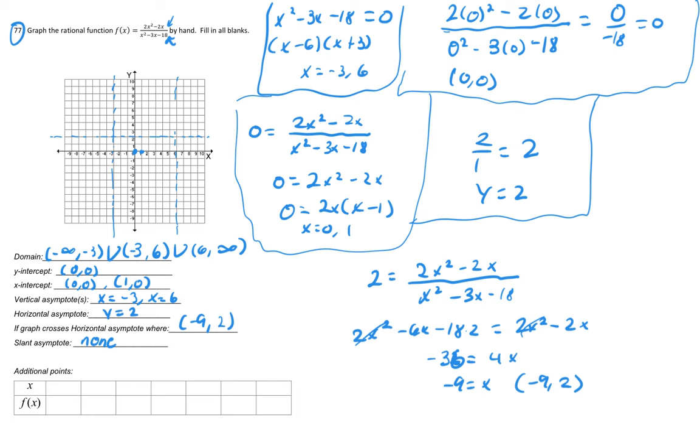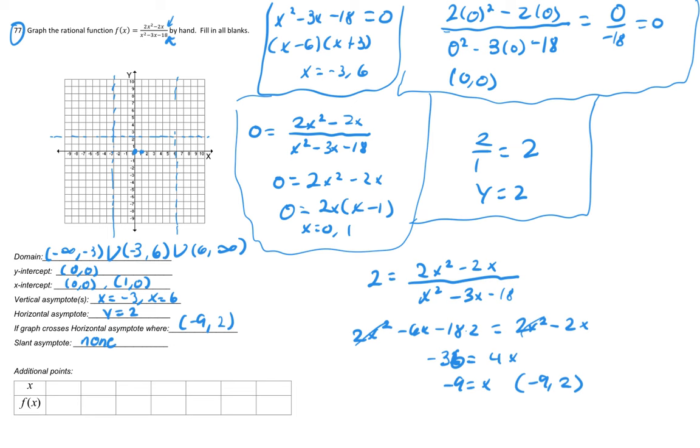Now we should probably test some points in the different areas to see what the shape of the graph will look like. In addition to that, we can also graph it on a graphing calculator and see what the shape will be. But this will help us get a better idea of where to put our lines.